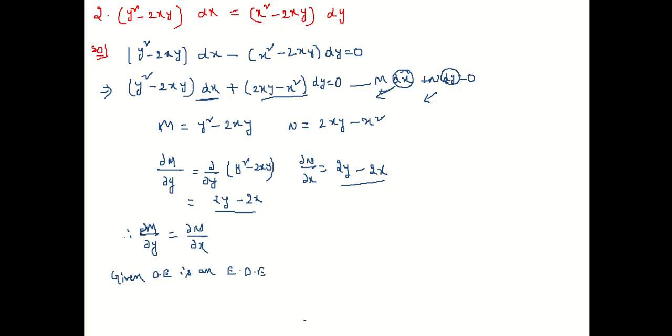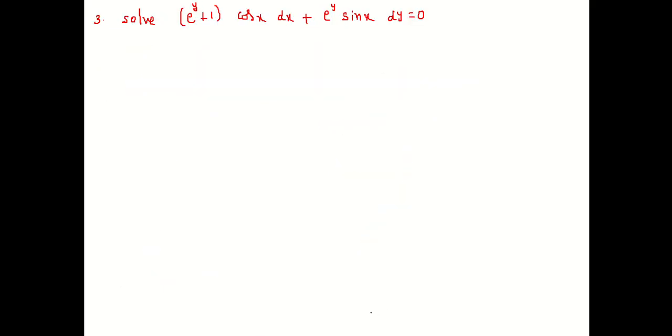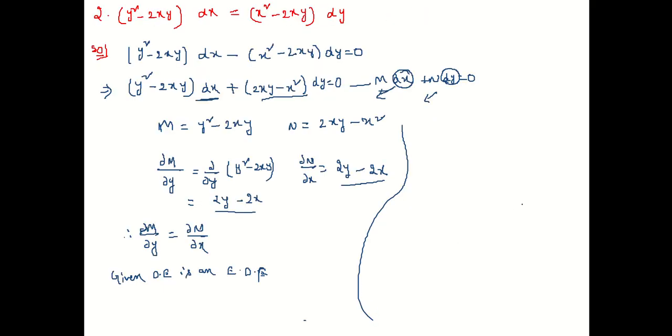Okay. So now, after concluding that the given differential equation is exact, we have to find the general solution, right? So what is the general solution? Every time you have to write the formula: integral M dx plus integral N dy equals c. Here y is constant, and for N, only the terms without x.